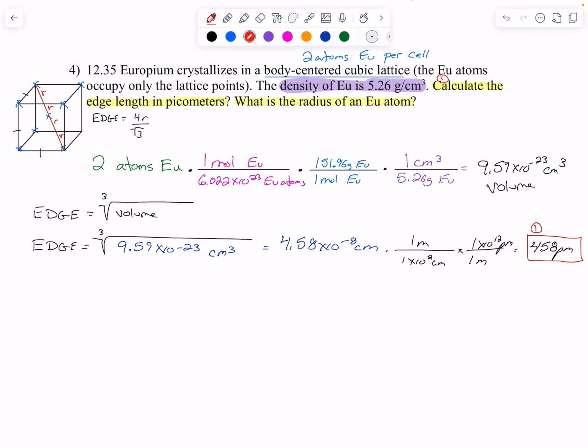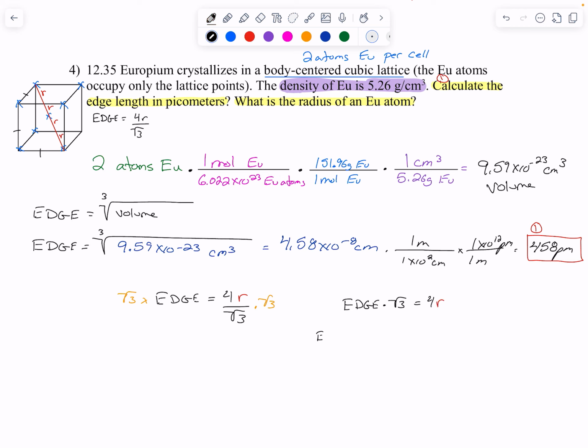Now, what's the radius? Now we got to do edge equals 4r over square root of 3. Well, what if you multiply both sides by the square root of 3? I would have edge multiplied by the square root of 3 equals 4r. Then you divide by 4.